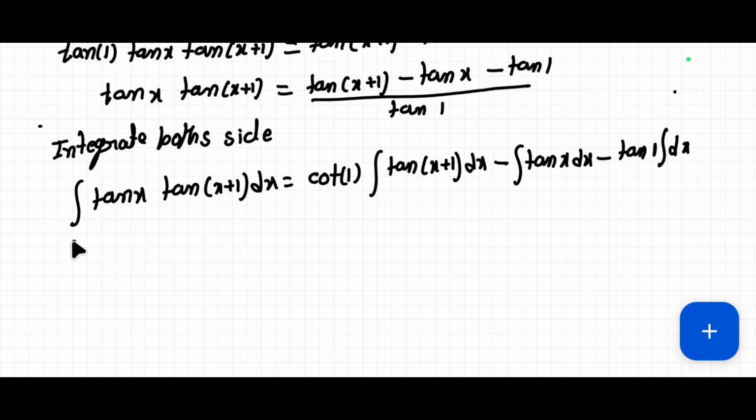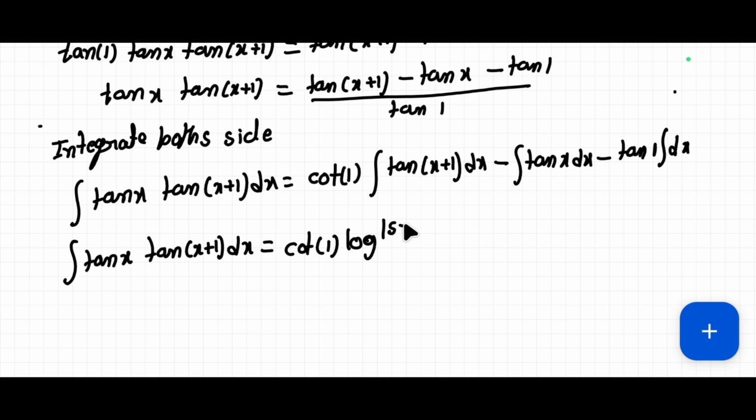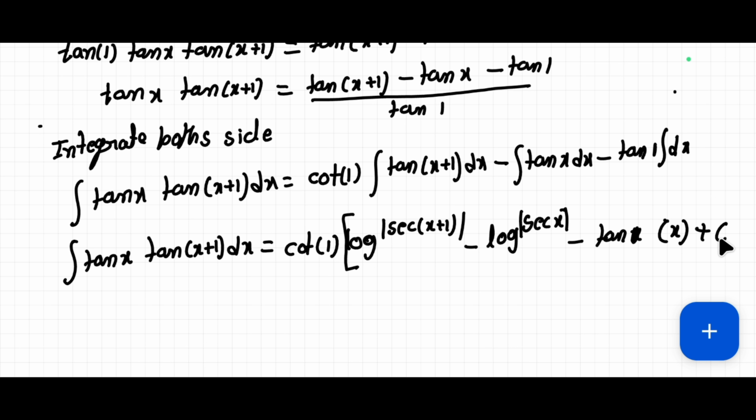That is equal to cot 1 times: the integral of tan of x plus 1 is log of mod of secant of x plus 1, minus log of secant x, minus tan 1 into x, plus c.